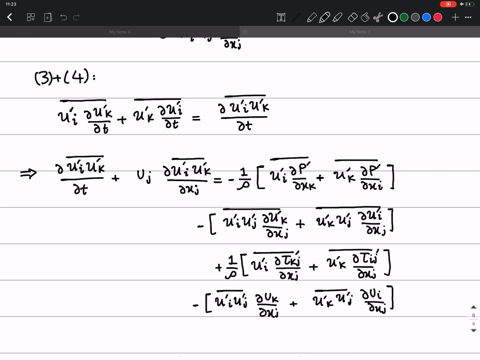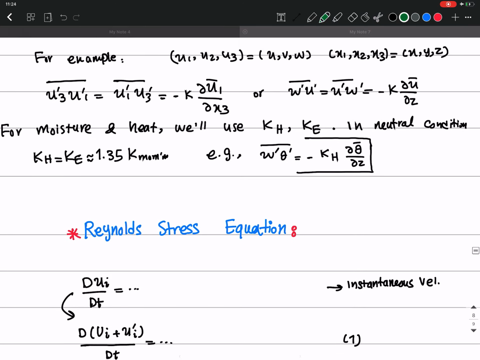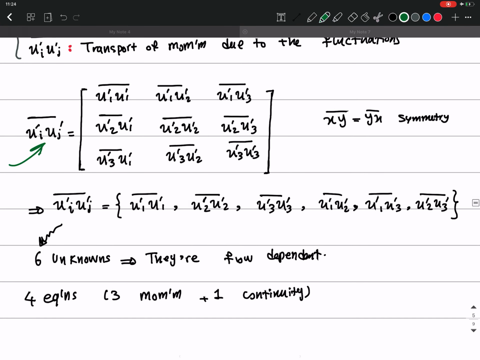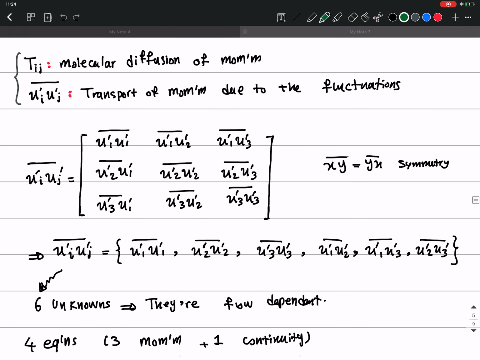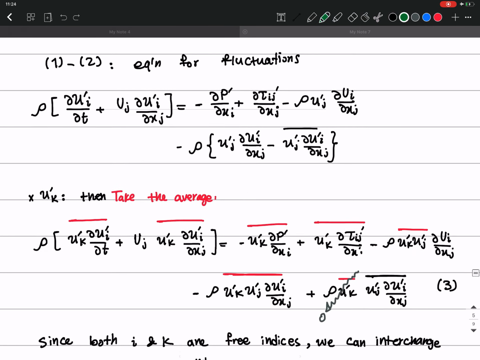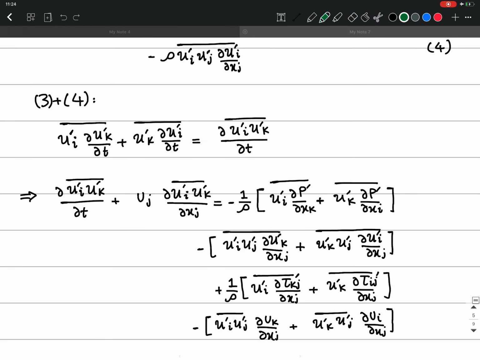So this is very interesting because as you see, now we found an equation for u prime i u prime k, which is kind of similar to this, the fluctuations. So we have actually found an equation for the transport of these Reynolds stresses.